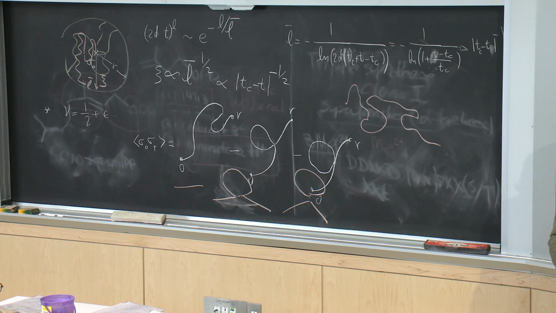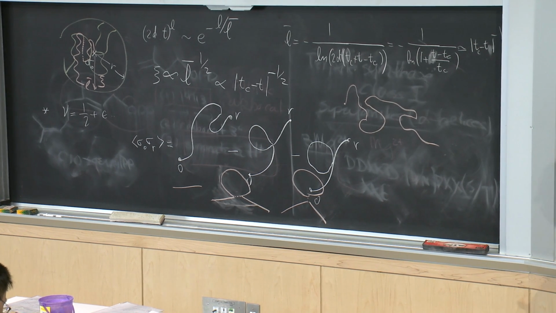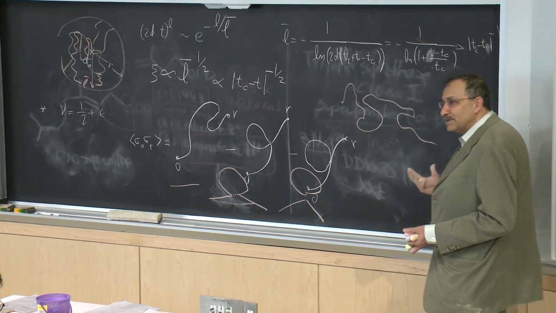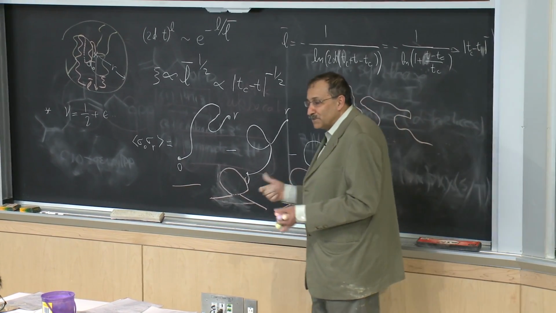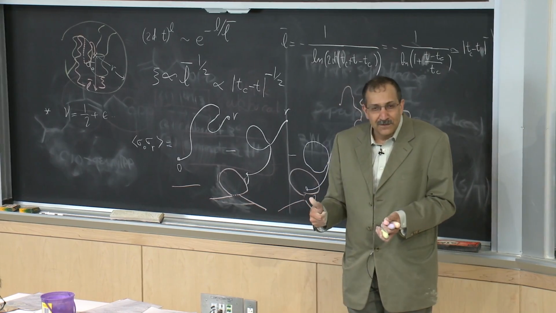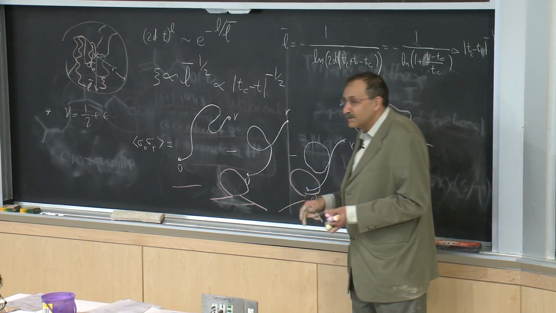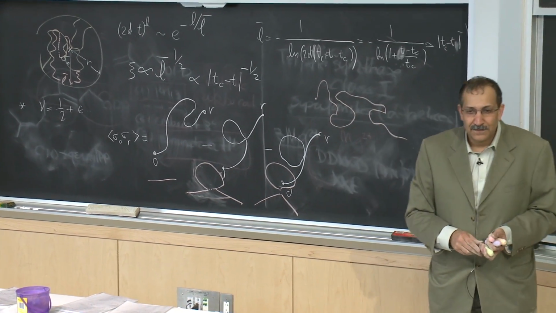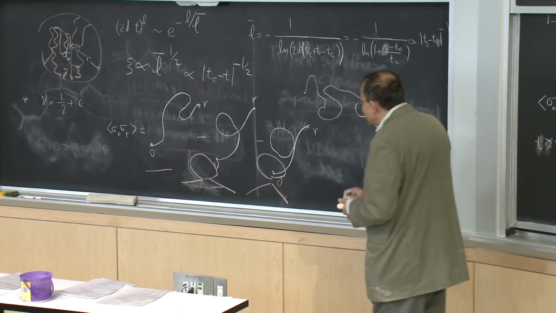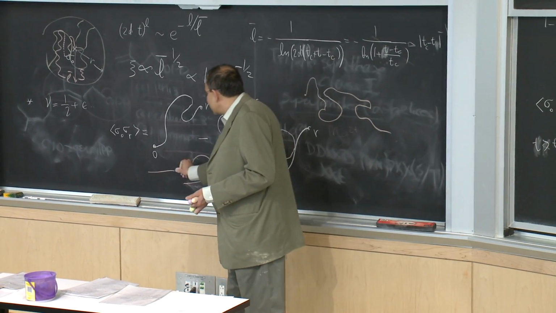Remember when we were doing these phi to the fourth calculations, the corrections that we had for the propagator, which was related to the two-point correlation function, were precisely these diagrams, where we were essentially subtracting factors that were set by u.